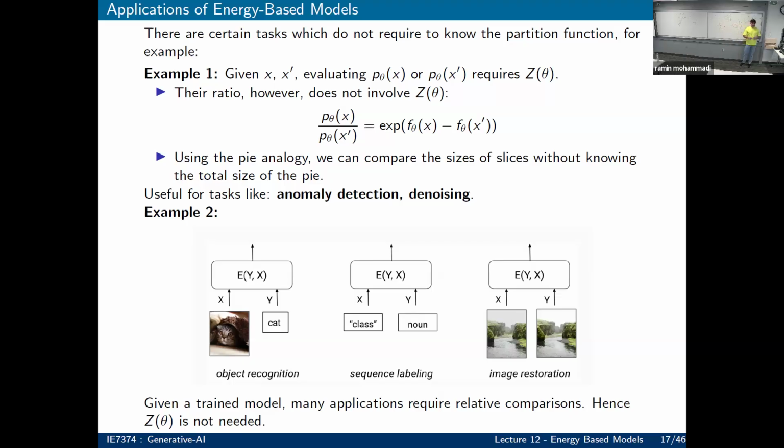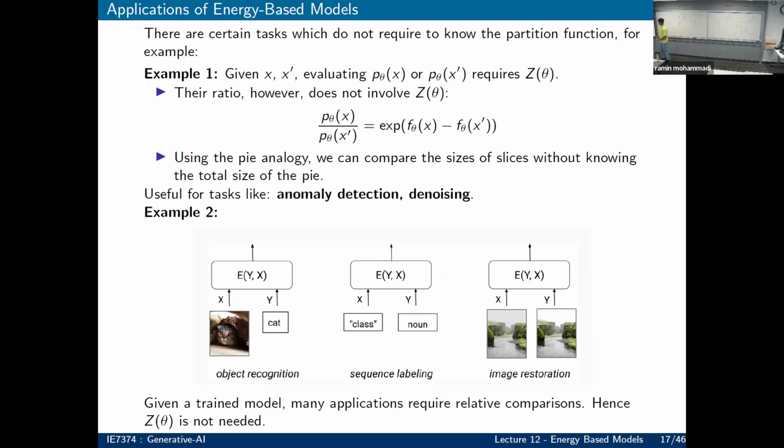The idea here is that despite the fact that we need this z of theta, if I look at the problem differently and ask which one of these two images is more likely, I don't need that. I can find the ratio of this value divided by the value for the other one, right? So you technically don't need z of theta if you are trying to answer a question like which one of these two images is more likely.